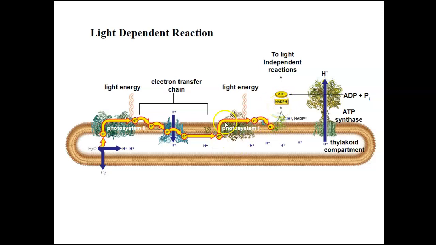So you get these excited electrons falling down these electron transport chains. Photosystem 1 can get a replacement of electrons from photosystem 2.